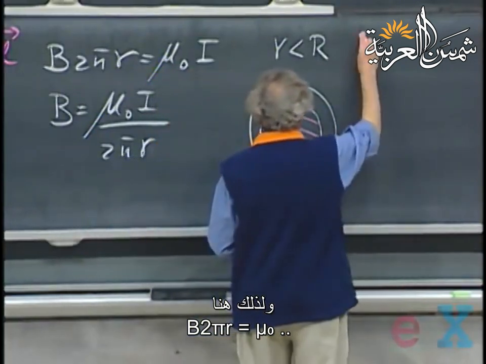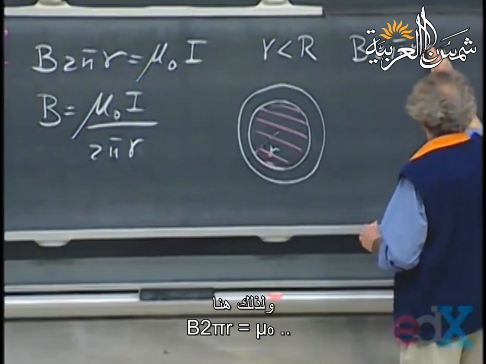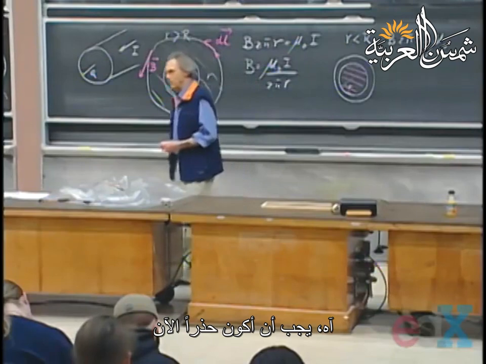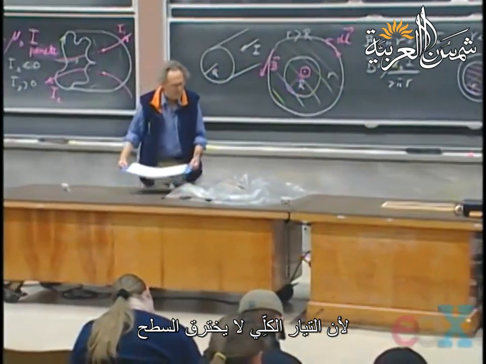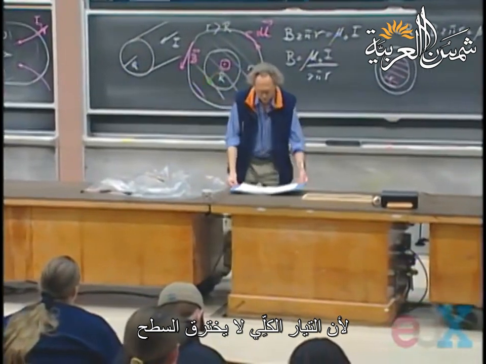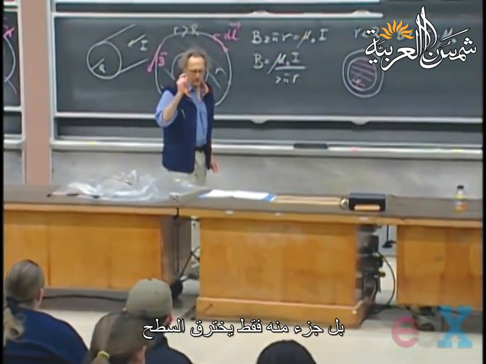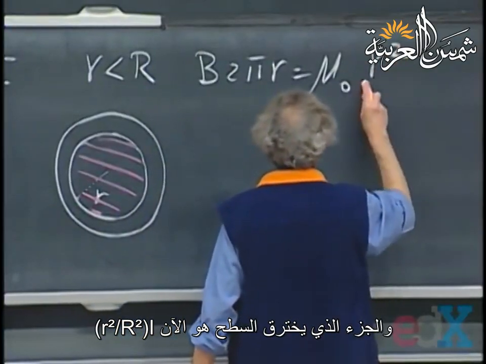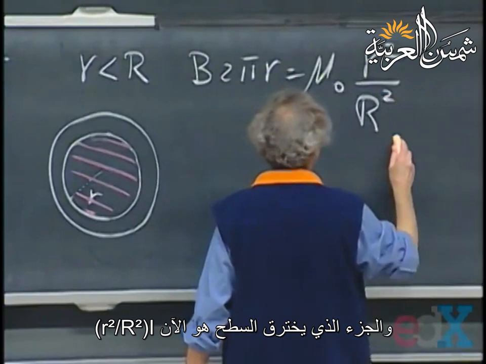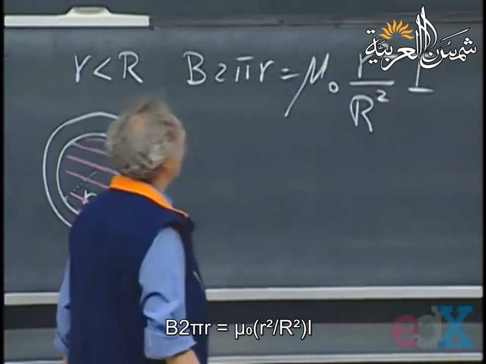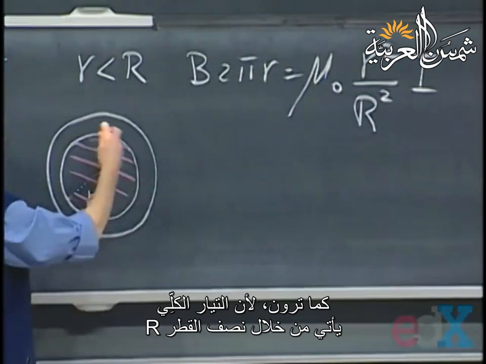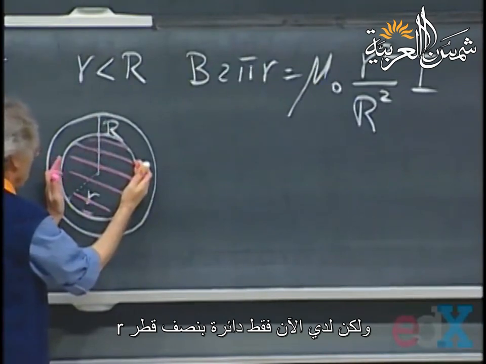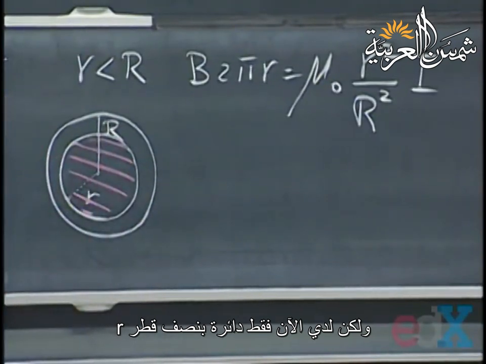And so here I go, B times 2 pi little r equals mu 0 times, now I have to be careful. Because now, not the full current I is penetrating my surface, but only a fraction. And the fraction that penetrates the surface is little r squared divided by capital R squared times I. You see, the total current comes through the radius capital R, but I only have a circle with radius little r.